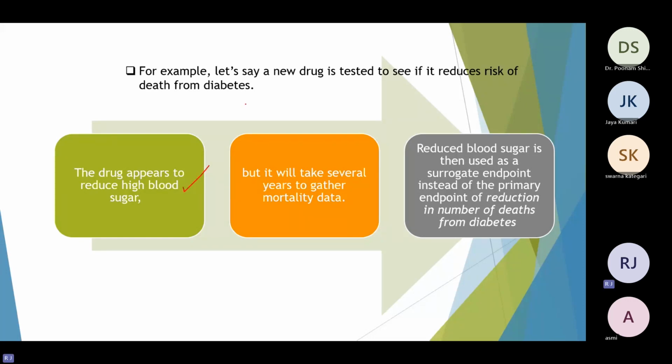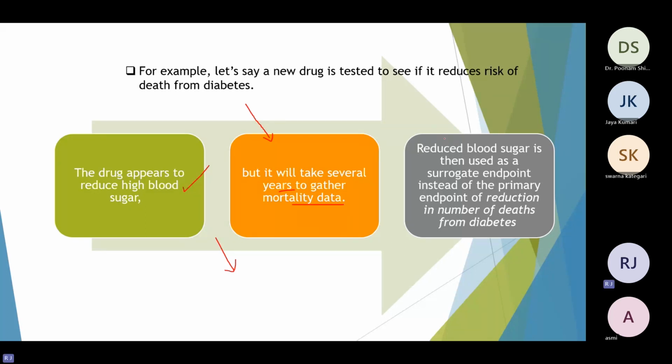But to check whether our drug is going to reduce mortality or not, it will take years, right? Then we have to see how many subjects are alive and how many subjects died. It will take years to know. We cannot have that primary objective, and we cannot have that primary endpoint.